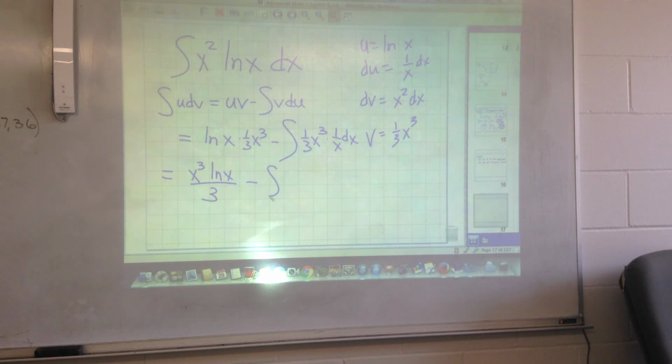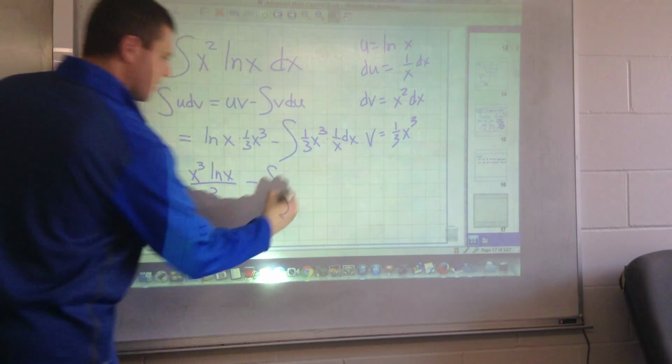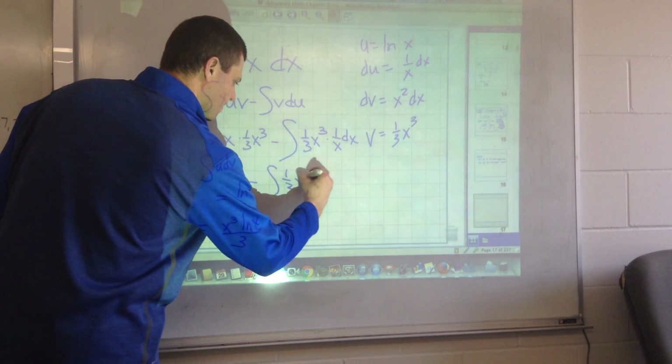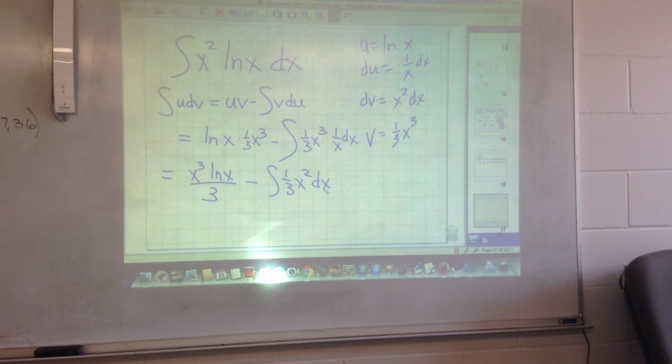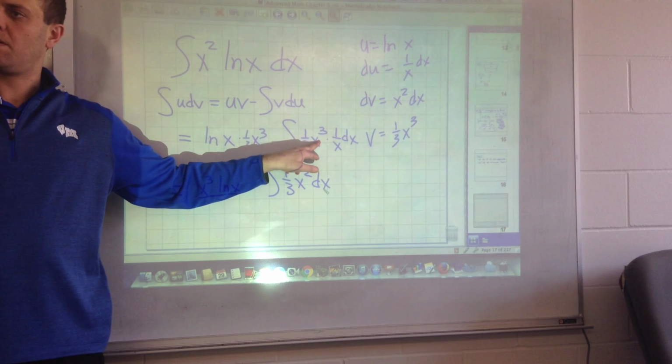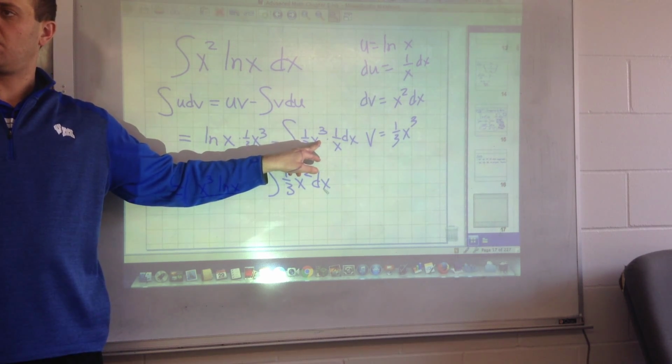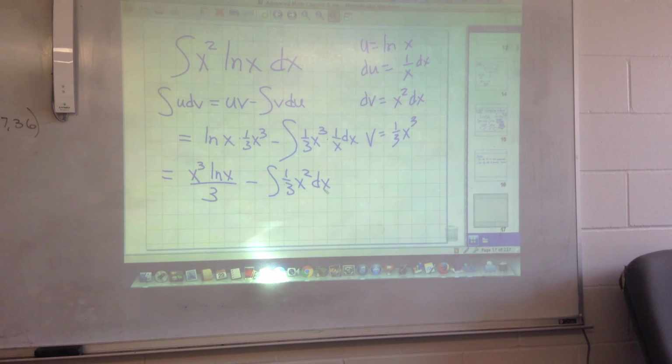I'm going to multiply those things together. I'd get 1/3 x squared dx. Sorry, that'd be x to the negative first, what happened to the 1 over x? I multiplied it by the x cubed. Oh, see it? That was sneaky. x to the negative first, yeah.